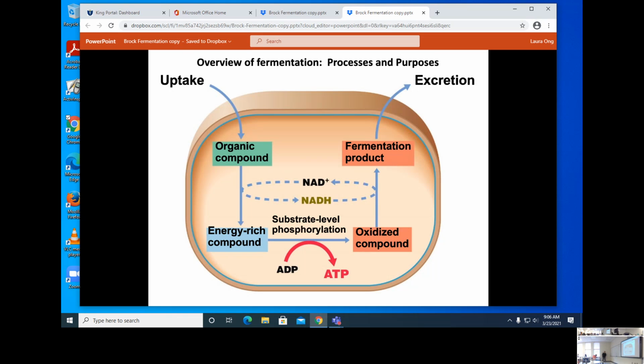Fermentation is never the best option, but it's a useful backup option. That's what fermentation is. Find a place to put those electrons and keep glycolysis going.